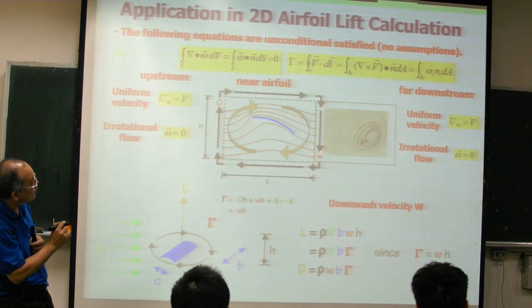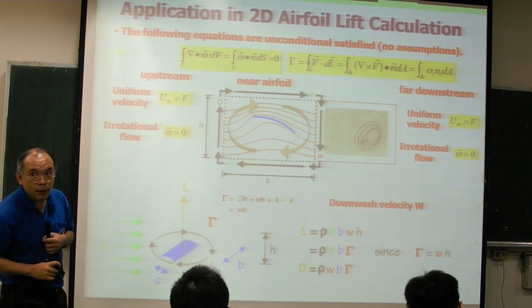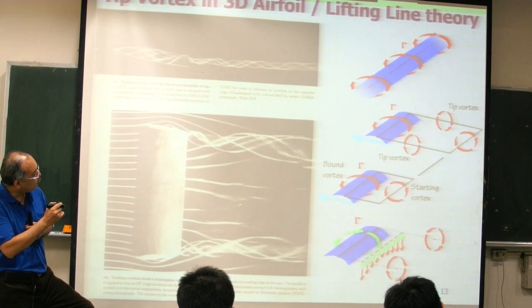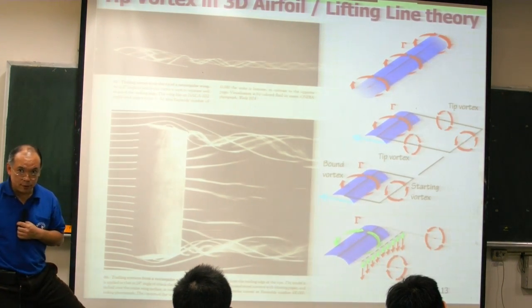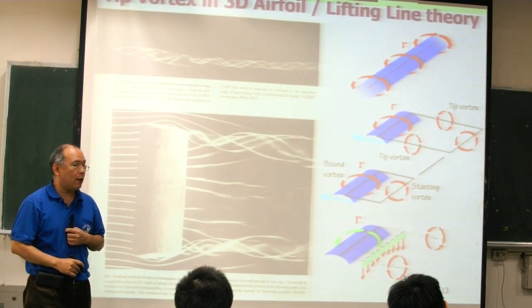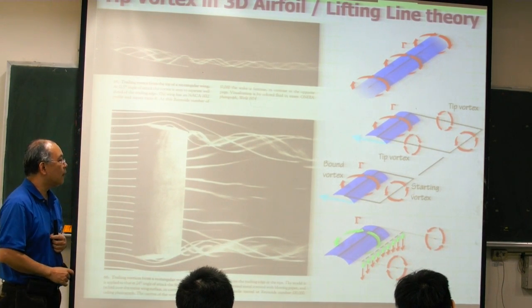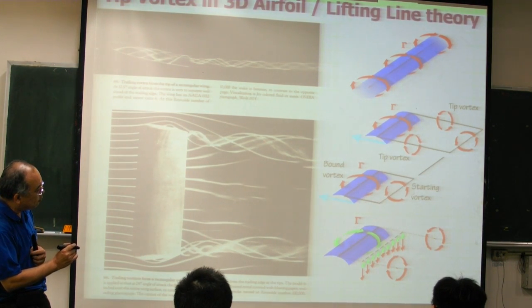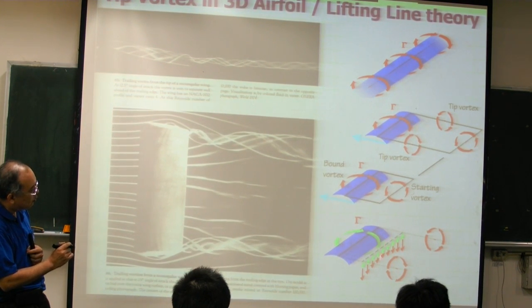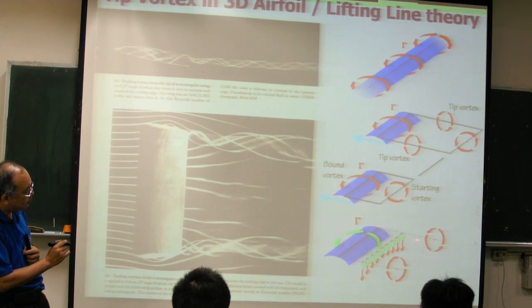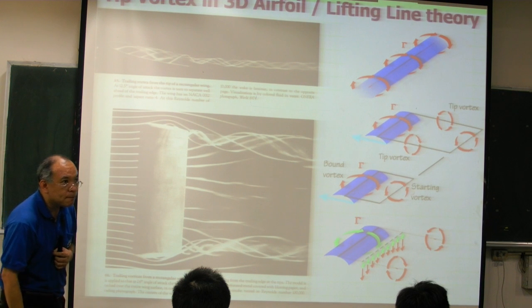This is the downwash velocity, W. The flow here will have this downward velocity. Behind the airfoil the flow direction has a vertical velocity component. We call this a downwash.